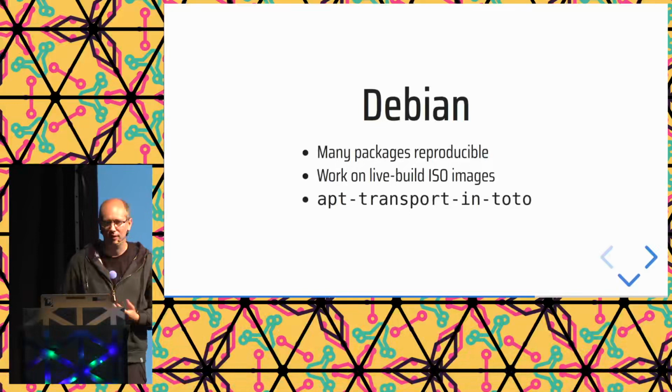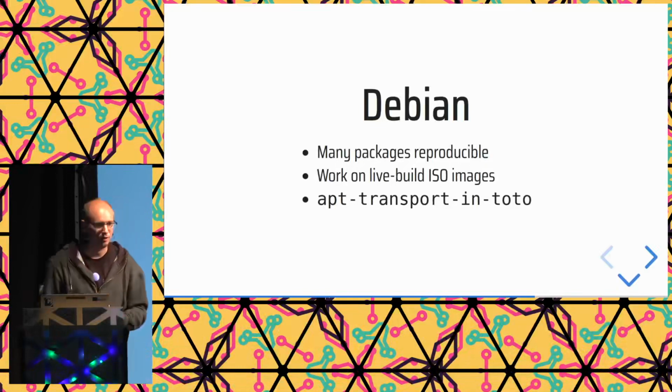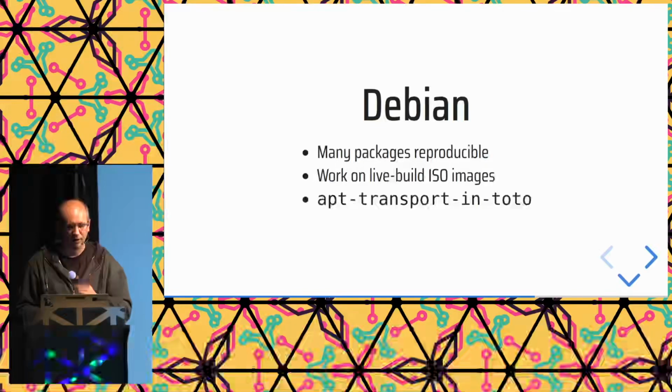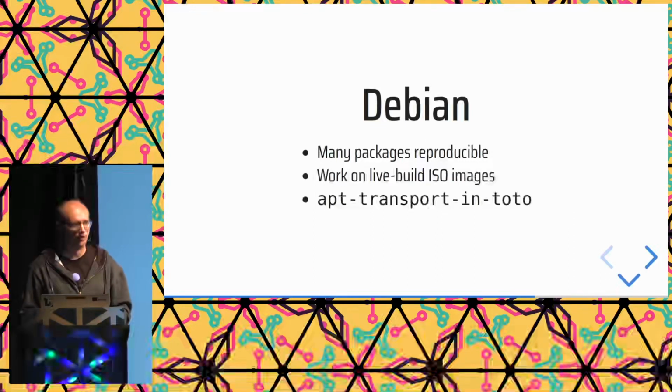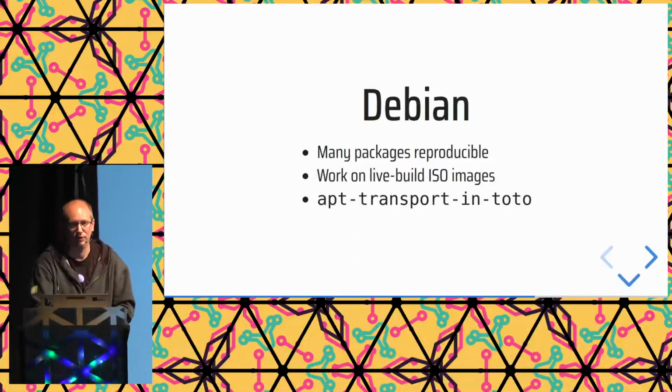That is definitely, in many cases, open research. So Debian has an experimental plugin for APT that can check reproducibility attestations, but this is definitely not something that is in common use or actually practically usable right now.